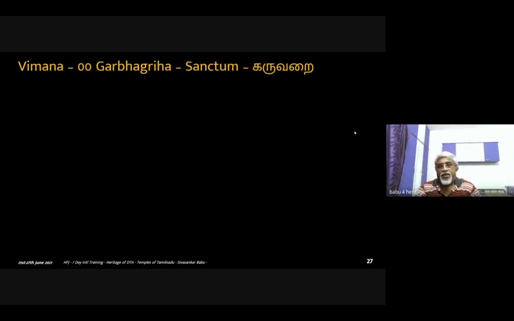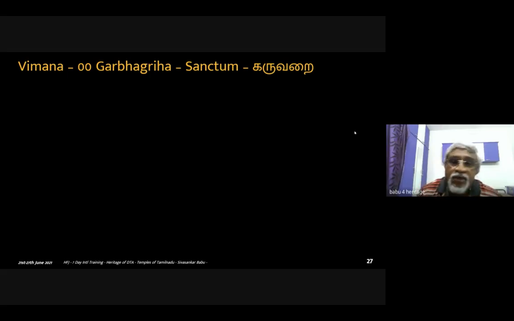So having seen the plan, we go into the sanctum now. Now we know in what ways the ground plan can be designed. Based on the ground plan, we first start with the Garbhagriha or sanctum. In Tamil it is called Karuvarai.